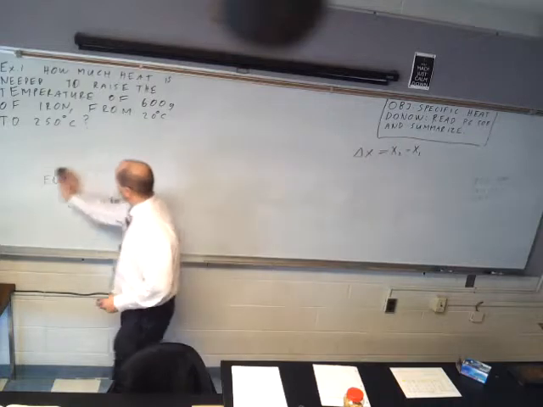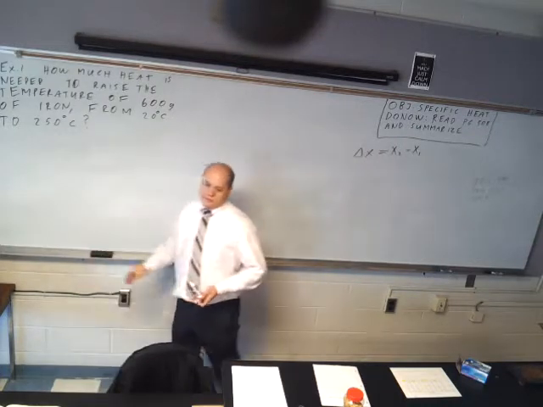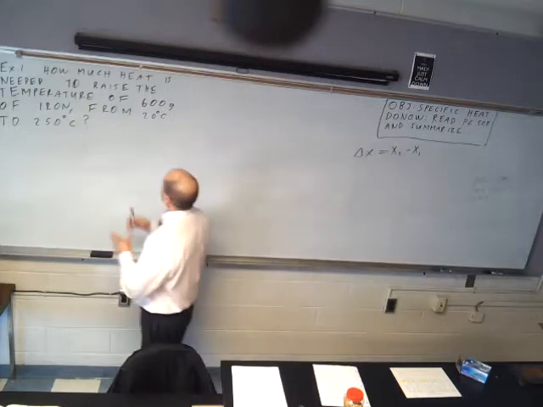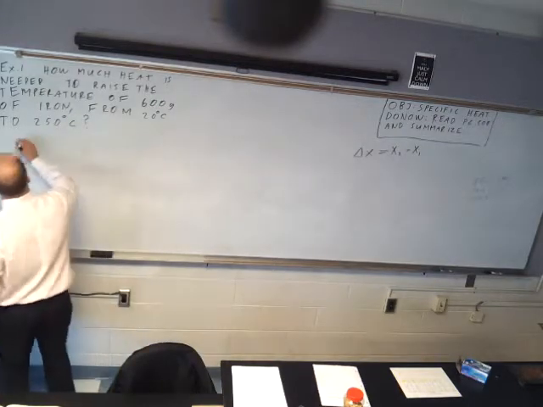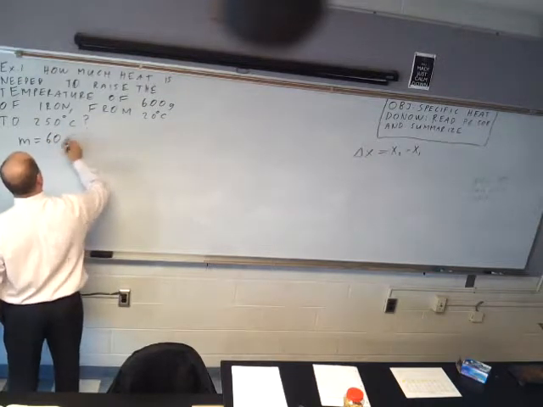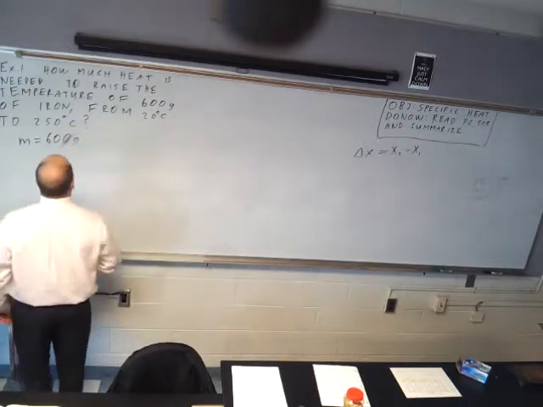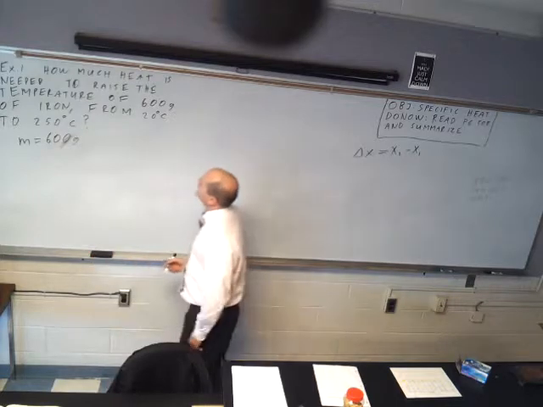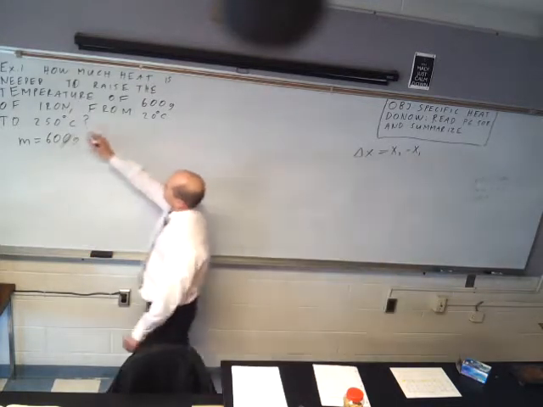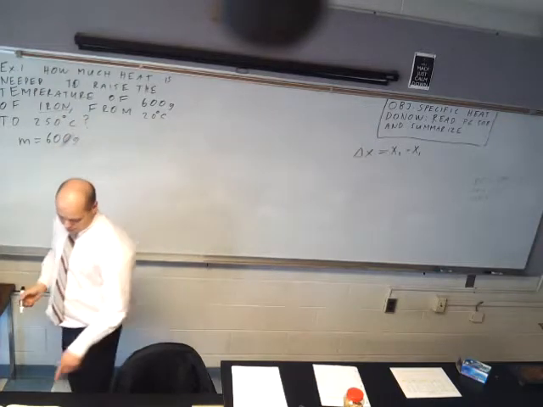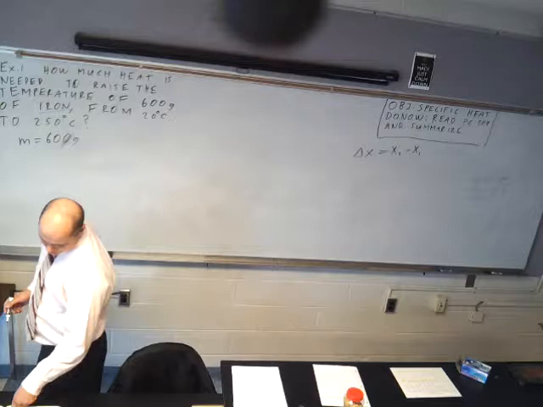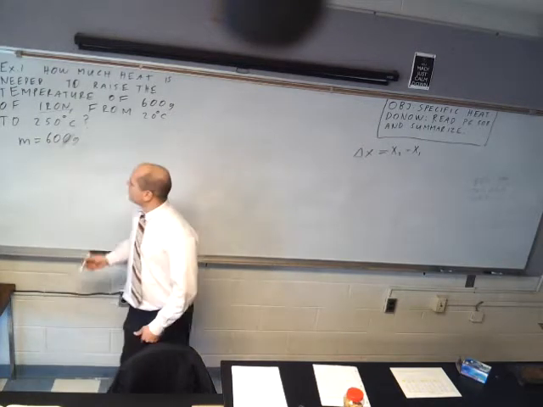Okay, so like any problem we do, we always start with the same steps. List your givens. So we have mass, 600 grams. And we have the specific heat we would look up. So I told you that this thing is iron, right? So you just look at page 508, that page that you read just now in the book, and it says in that column 0.46 in that table there.